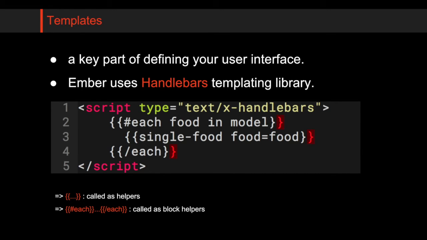The curly braces are called helpers, and each curly brace that starts with a hash and ends with a slash is called a block helper.